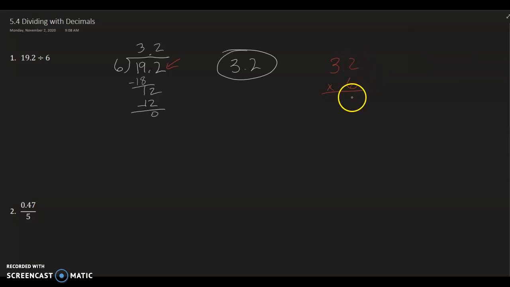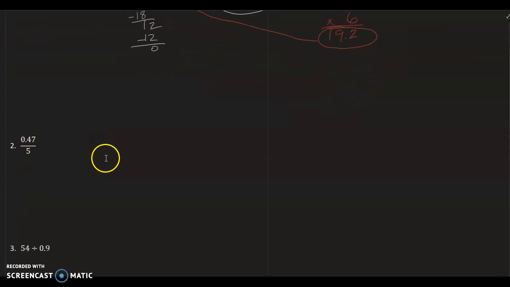So 6 times 2 is a 12, carry the 1. 6 times 3 is 18, plus 1 is a 19. And there is 1 place value to the right of the decimal. So you can see that it does check out. Okay? Now, you don't have to do this every time, but it's a good thing to know that you can do it.